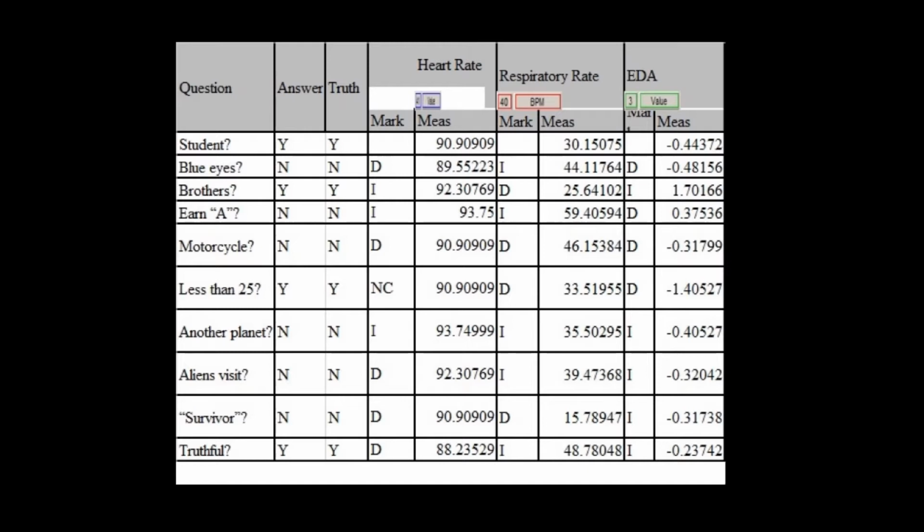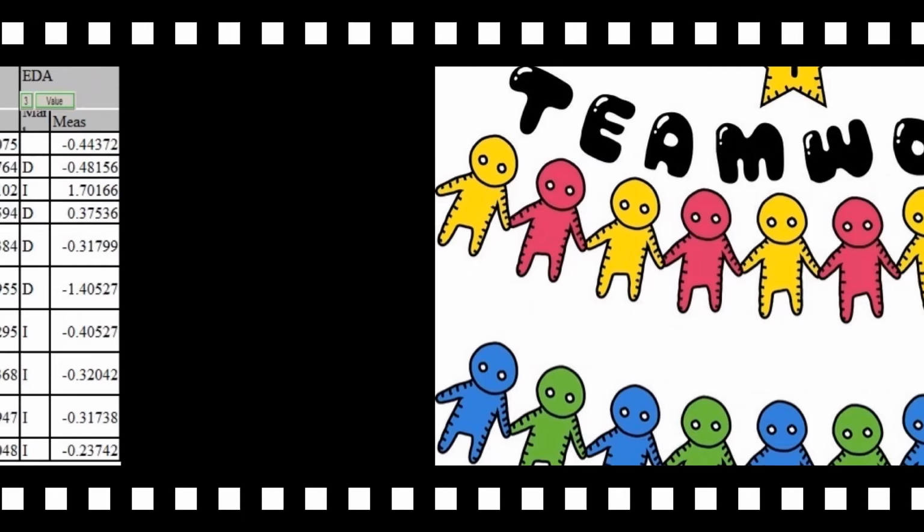For example, have you answered all of the preceding questions truthfully? We found that the subject's data, including heart rate, respiratory rate, and EDA, were higher than before when we added the last special question.